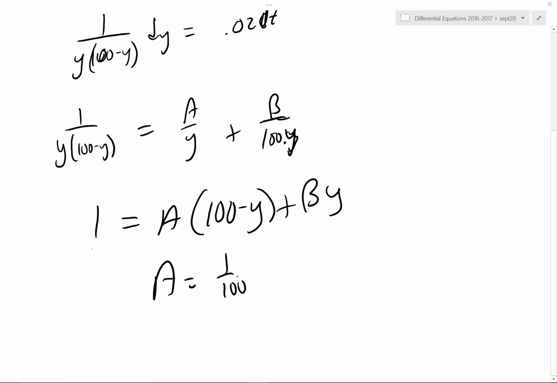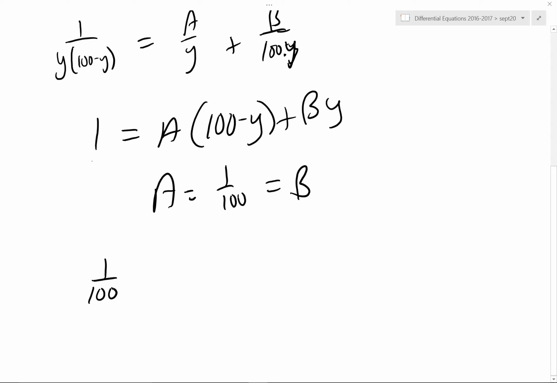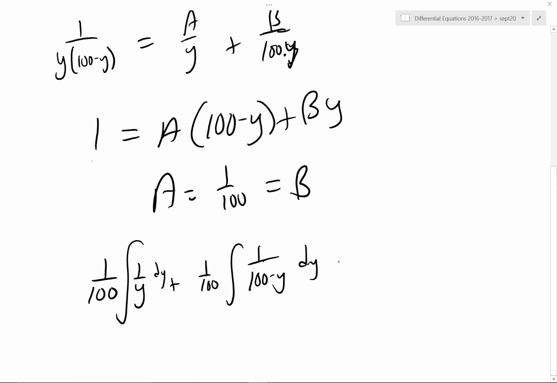And put in 100, b is also 1/100th. Nice. Which means that I could rewrite that as 1 over 100 times 1 over y, plus 1 over 100 times 1 over 100 minus y, dy equals 0.02 dt.